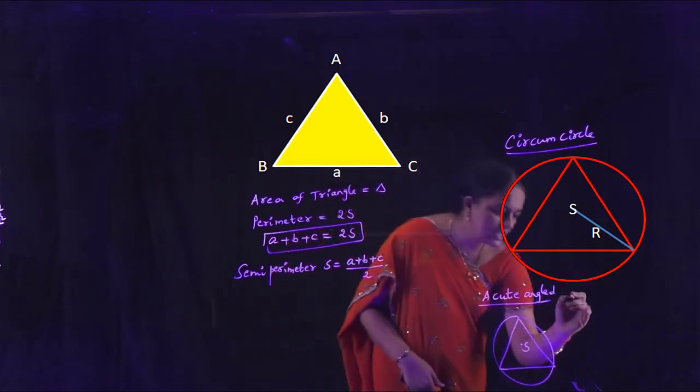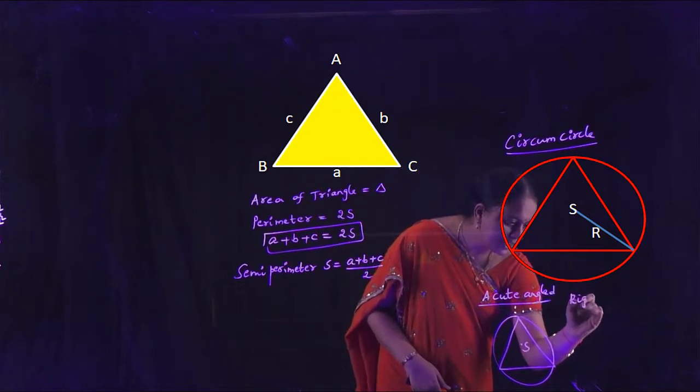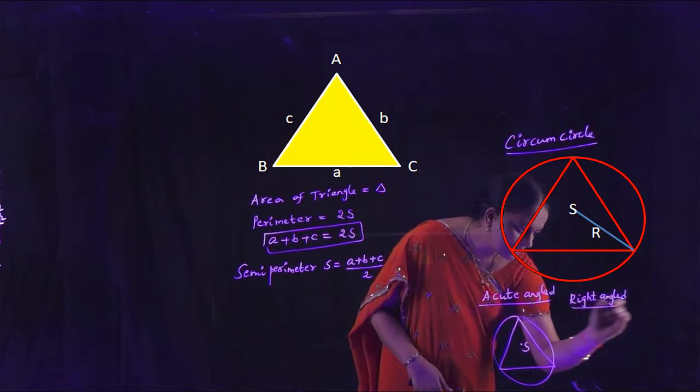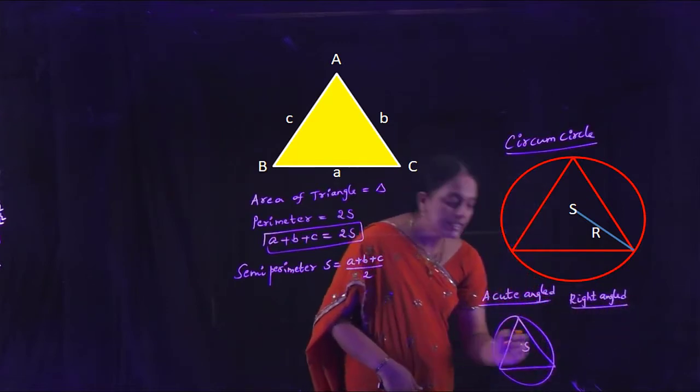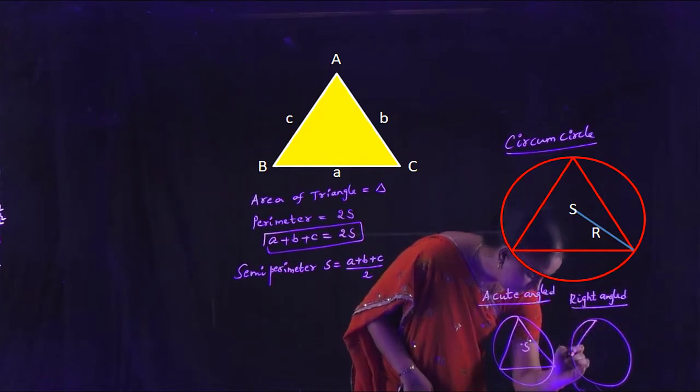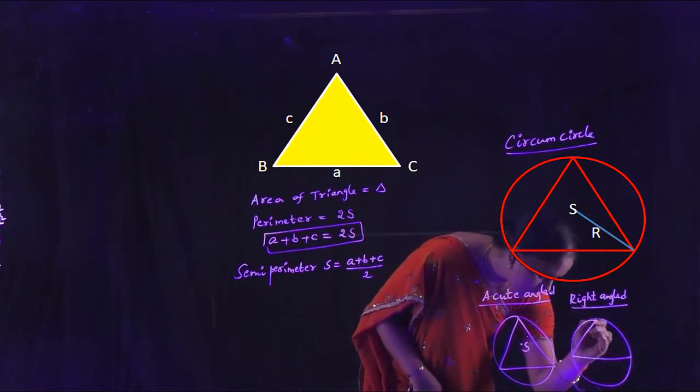And in case of a right angle triangle, circumcenter lies on the triangle.